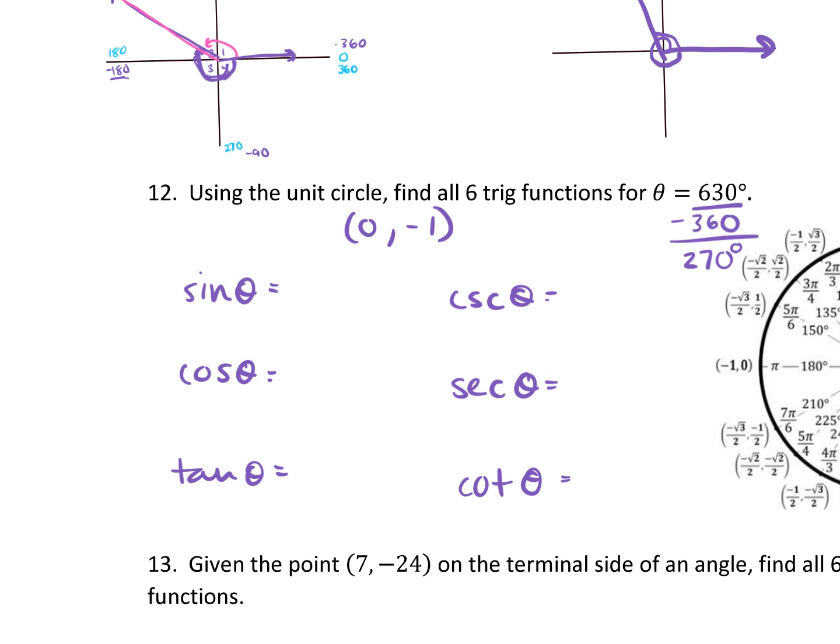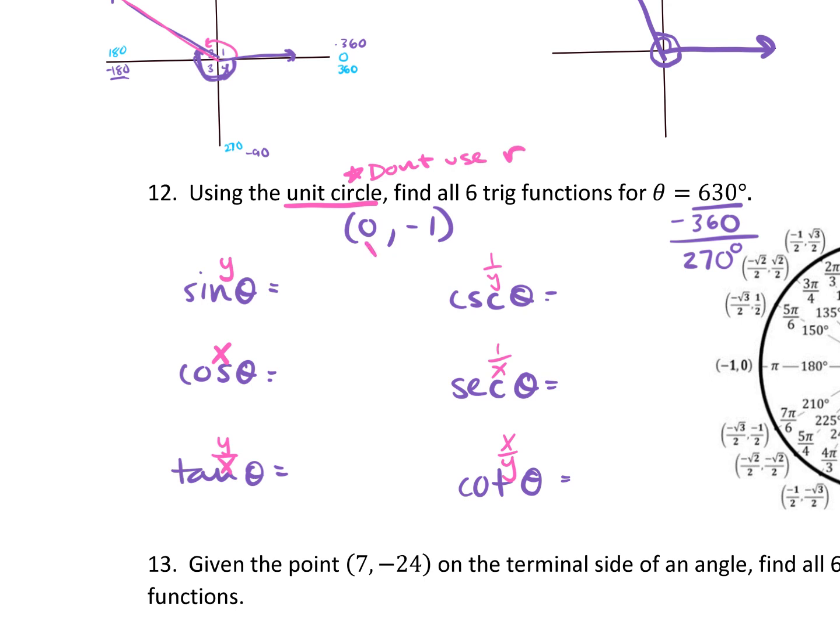So sine would just be y, cosine is x, tangent is y over x, and then cosecant would be 1 over y, secant would be 1 over x, and cotangent would be x over y. So when you're using the unit circle, you don't use r. What ones do you use r for? Like for 13, when you're not using the unit circle, we'd have to find r. The only time you don't use r is when you're using the unit circle.